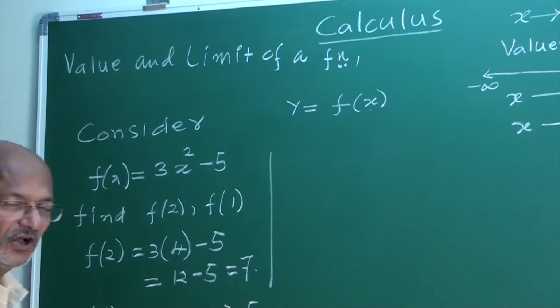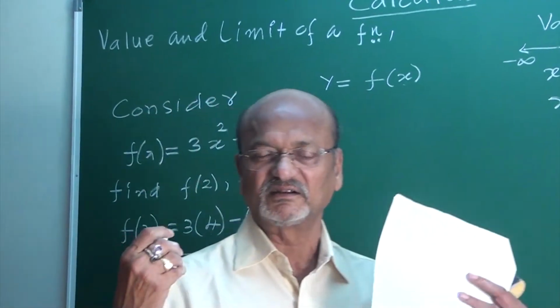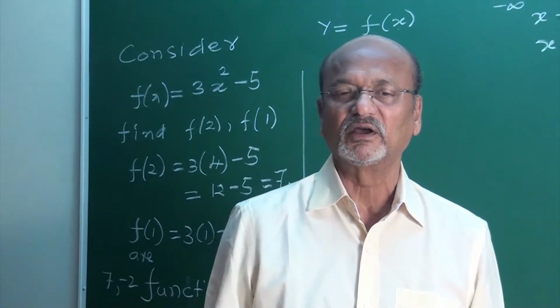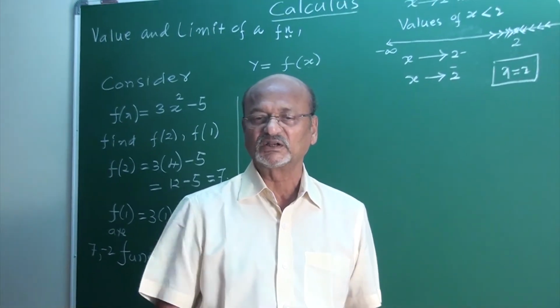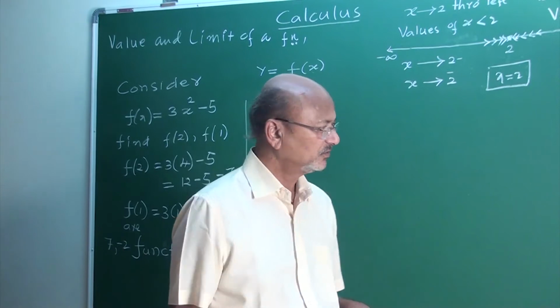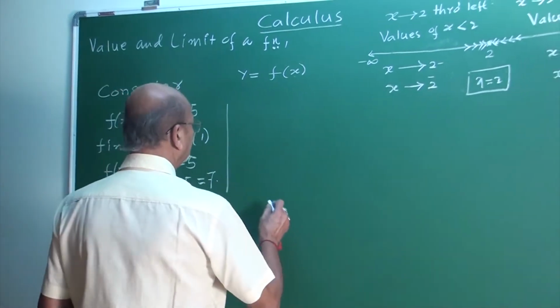Already, the entire topic of limits you have completed in PUC first year, so I don't want to spend much time explaining the limit. Now you know the method of finding the limit.